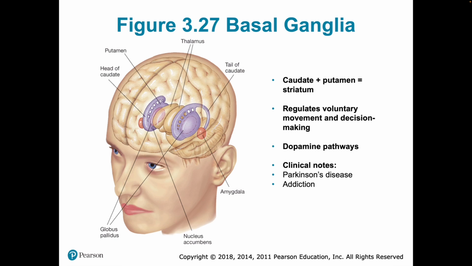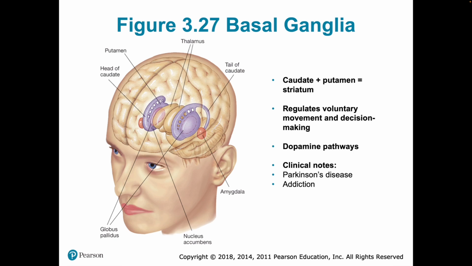As well, there are a couple clinical notes that are relevant for later. So Parkinson's disease, for example, oftentimes involves degeneration of dopamine neurons, many of which are in or connect to the basal ganglia.